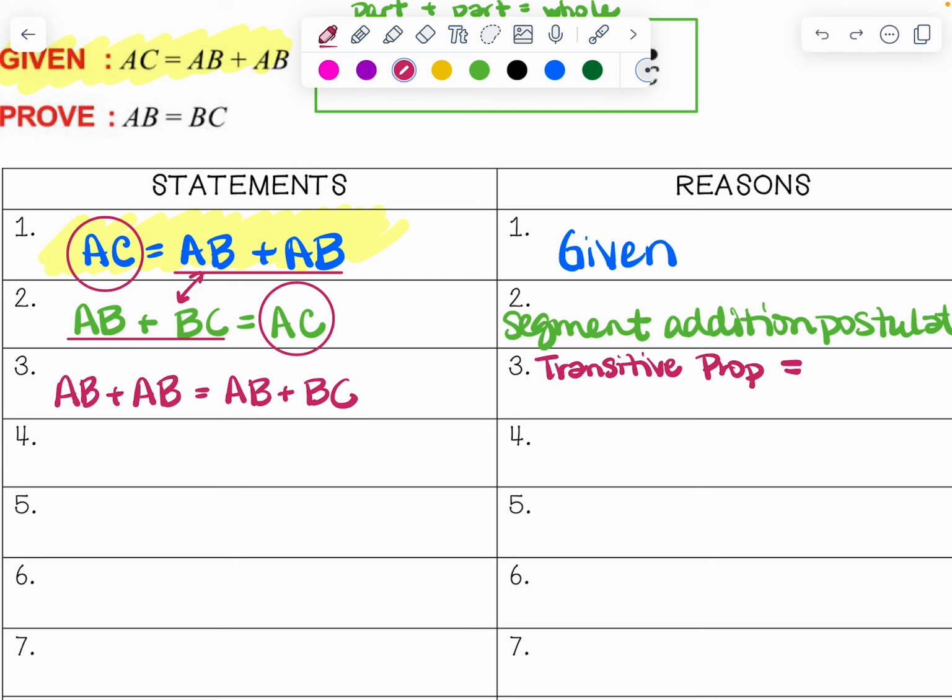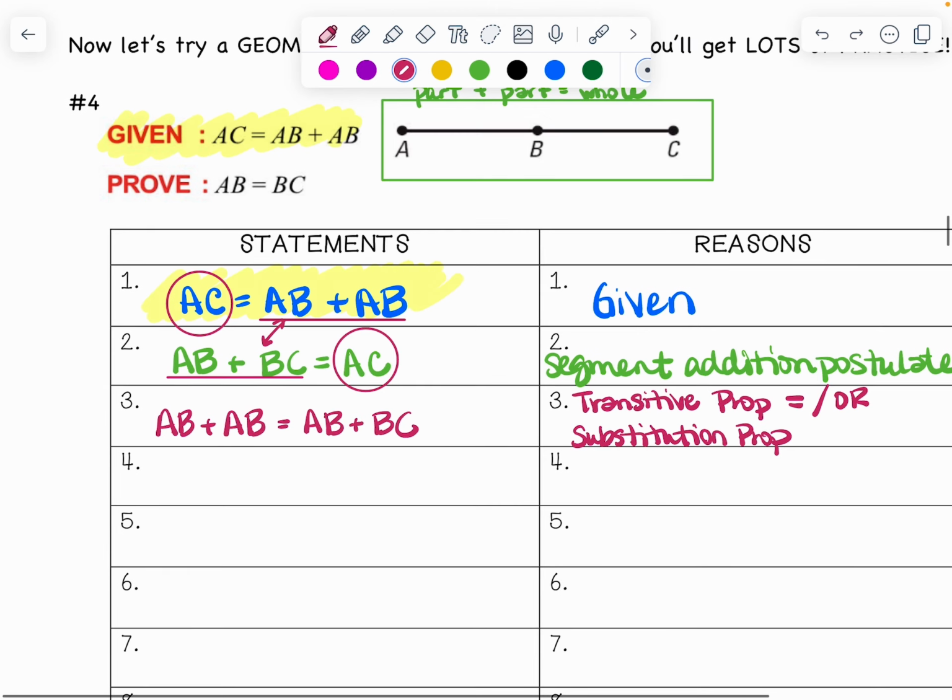So we're looking at those expressions as one whole quantity, that AB plus AB. So you could say the transitive property, or because we're in the land of equality, you could also say the substitution property if you wanted. Because technically, if AC equals AB plus AB, then wherever I see another AC, I should be able to substitute AB plus AB. So technically you are substituting as well. Either one of those would be appropriate here.